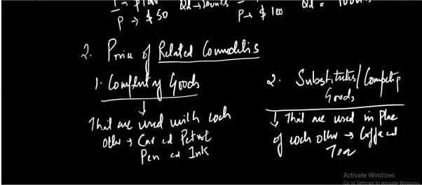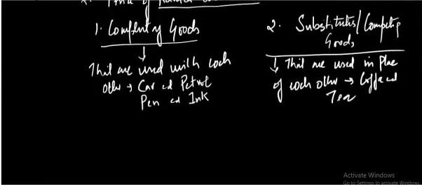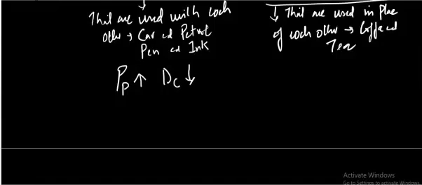Now, what will happen to the demand when the goods are complementary goods? Suppose the price of petrol increases, the demand for petrol cars would fall.